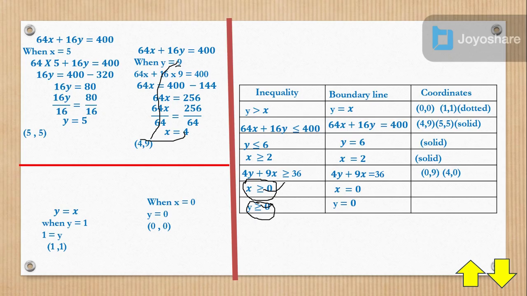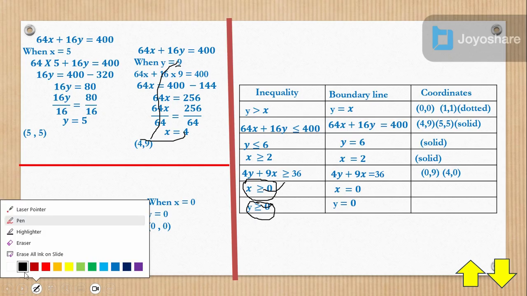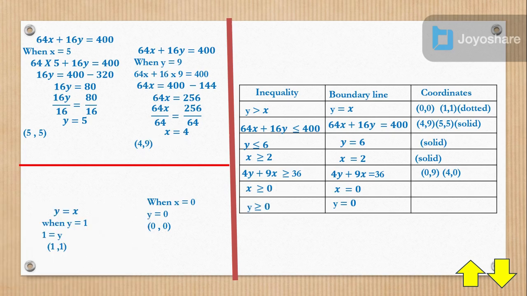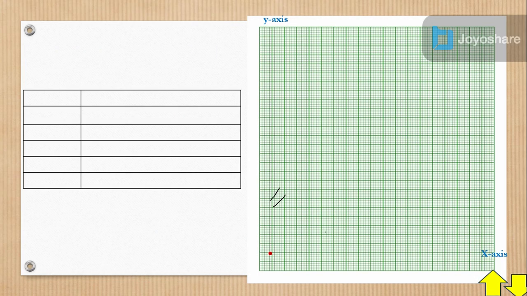Okay, so let us go about the plotting. We can plot and shade regions. In the plotting we shall begin by drawing our axes, that is our y-axis and x-axis.